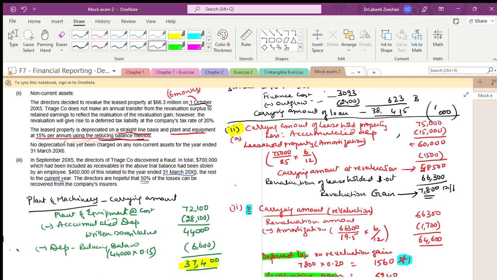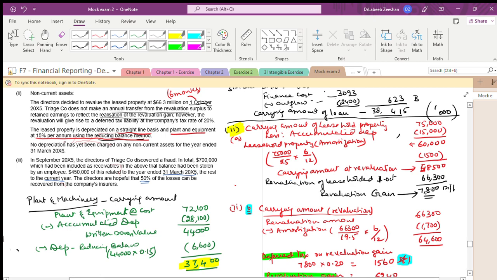They said that the directors decided to revalue the assets and do not make an annual transfer from the revaluation surplus to retained earnings to reflect the realization of the revaluation gain.